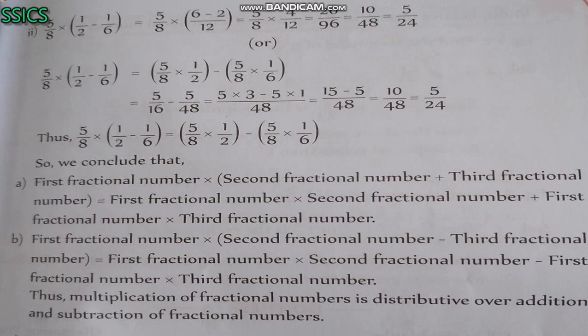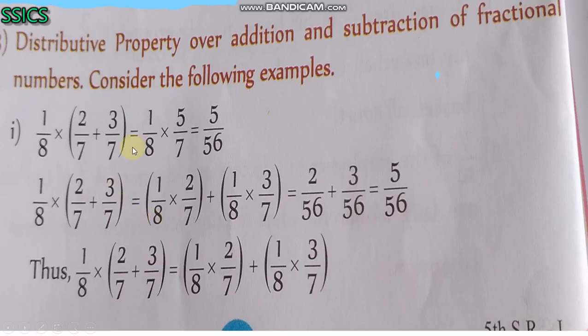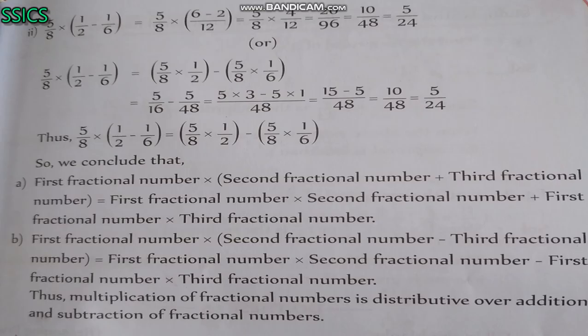Consider a second example. In the previous case the bracket had a plus. Suppose there is a minus; let's check whether this is satisfied or not. Move on to the next example. Suppose 5 by 8 is A, 1 by 2 is B, 1 by 6 is C. So 5 by 8 into (1 by 2 minus 1 by 6).